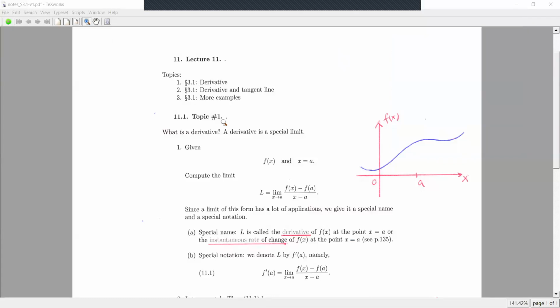Topic 1, you may have heard about derivatives. Then, what is a derivative? A derivative is a limit, a special limit.